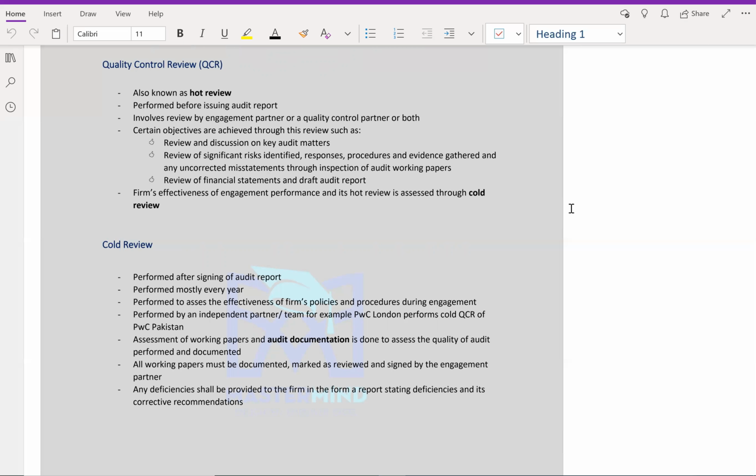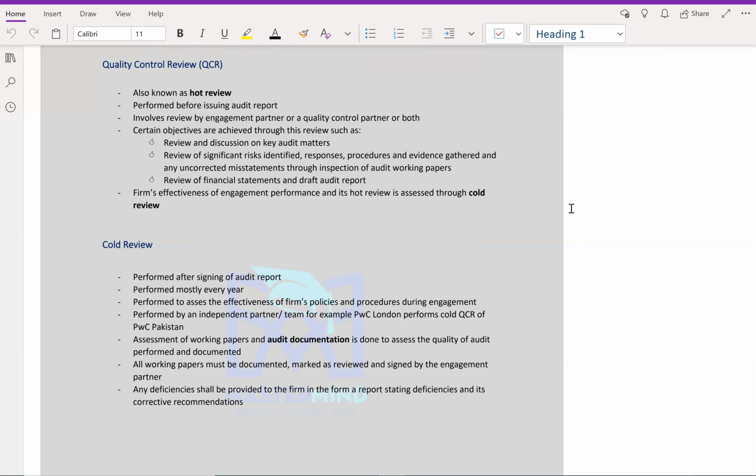Issuing the audit report before the documentation is complete is again not advisable. In fact, it's a breach of the auditing standards. So the point is everything should be complete: the procedures, the evidence gathering, the documentation, and only then can you form an opinion and sign off the audit report.